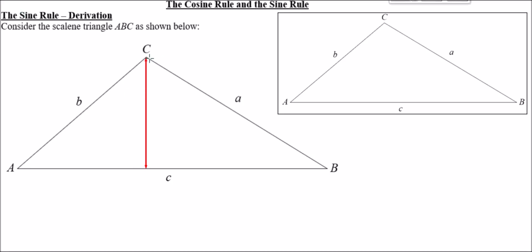So if I just split it down here, this first one, so that this angle here is a right angle, I'm going to label this side x, and I'm going to call this triangle here on the right hand side triangle 1, and over here triangle 2. Now this triangle here, you have to forgive how it's drawn.